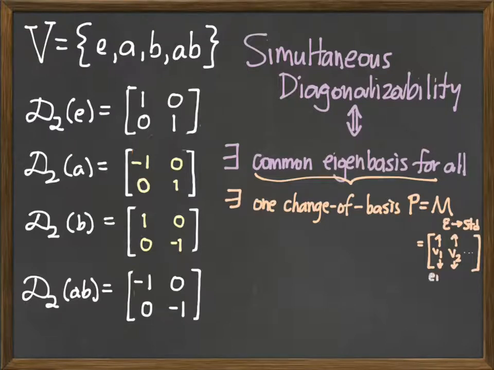The claim is that simultaneous diagonalizability means there is one change of basis matrix such that if I take any vector x in standard coordinates, then applying P will give me x in its eigen coordinates.